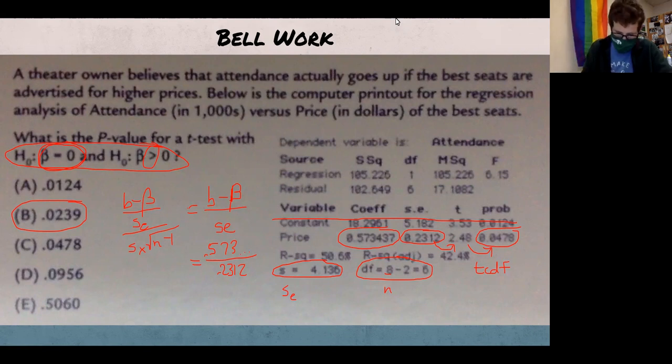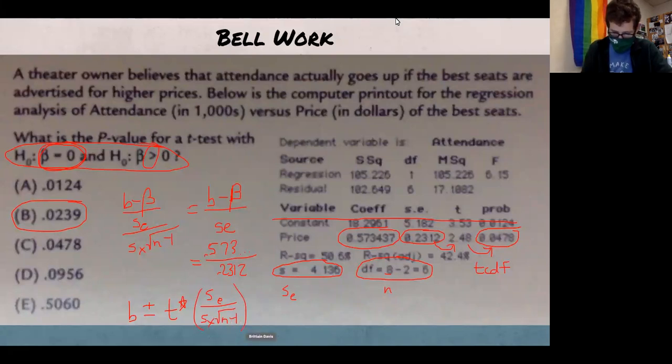Now, if this was a confidence interval, and this one is not, but if we had the same data and they wanted us to create a confidence interval, that'd be B, which is your sample slope, plus or minus your t star critical value times the standard error, which is S sub E over S sub X times the square root of n minus 1.